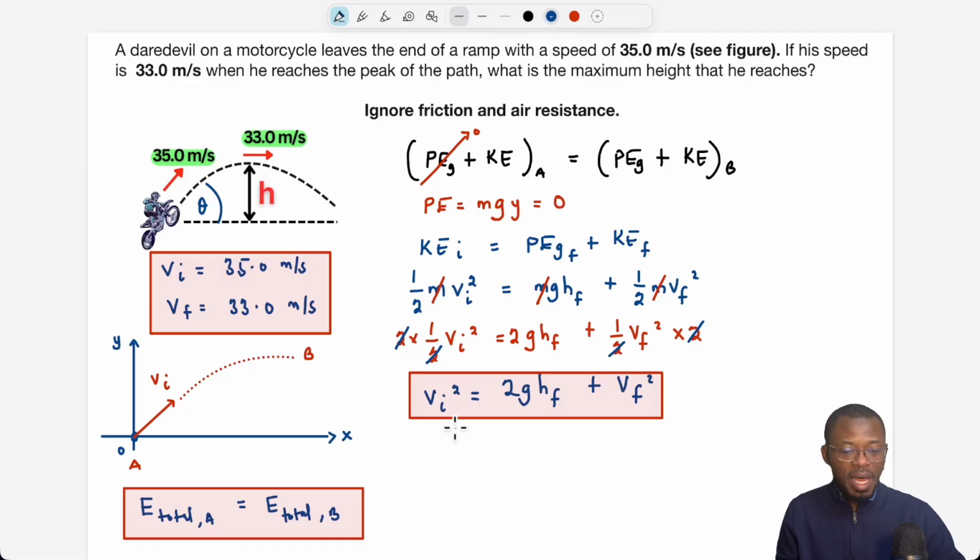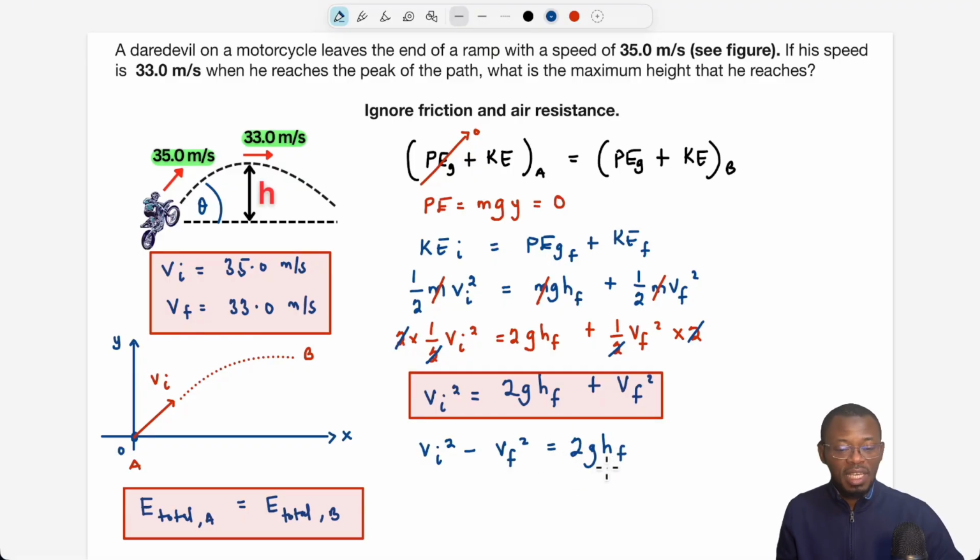So the maximum height here, we need to isolate it because we have 2g multiplying it. So we have vi squared. Let's move v final squared to the left hand side, and then it subtracts from that. So we are going to have vi squared minus v final squared, and that is equal to 2g h final.